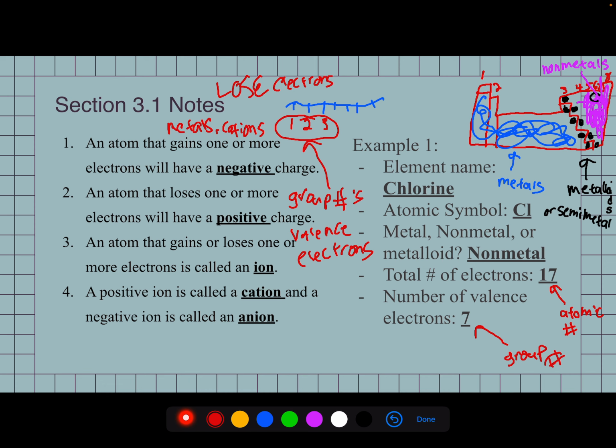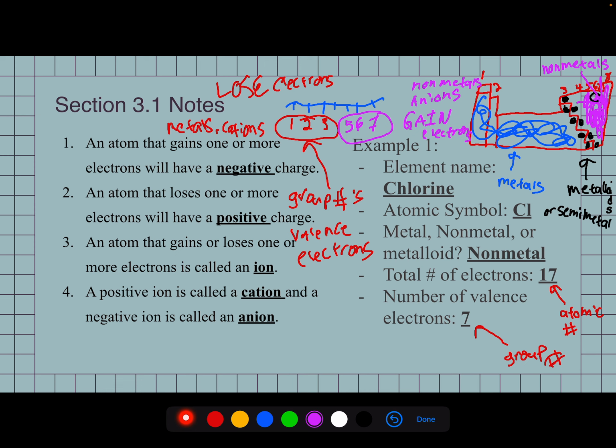Okay. Now, if they have a 5, 6, or 7, these guys are going to be your nonmetals, which are also your anions, and they are going to want to gain electrons.